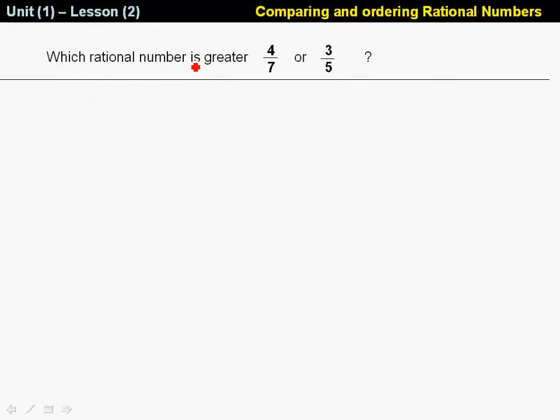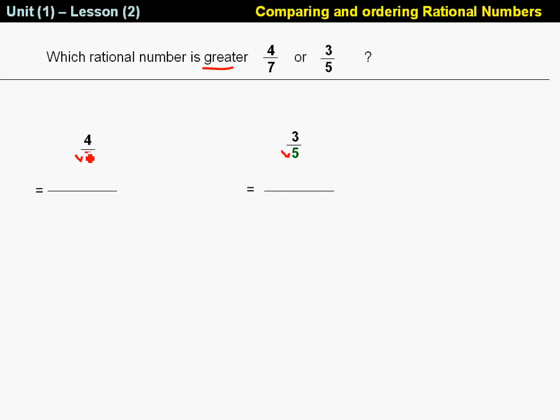Which rational number is greater? 4 over 7 or 3 over 5? The solution way is known. Let us write them. We have to know the value of each one. In order to compare between them, the denominator is 7 and this one is 5.